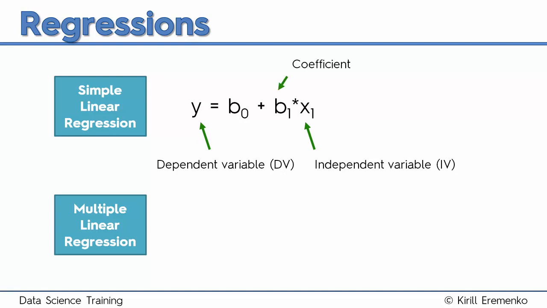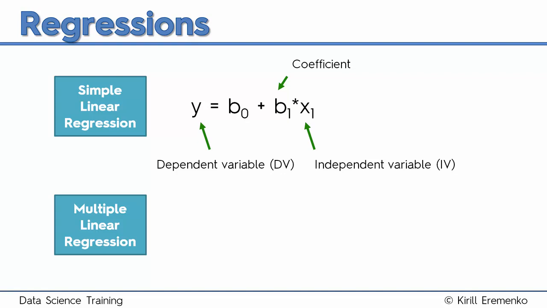Then b1 is the coefficient for the independent variable, and it says how a unit change in x1 affects a unit change in y. And we'll be talking about unit changes a lot. Think of it as the translator or the multiplier, the connector between y and x1.